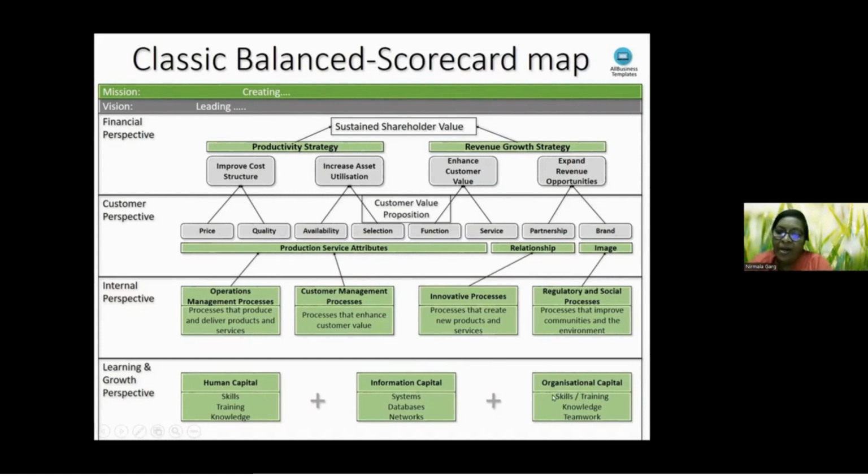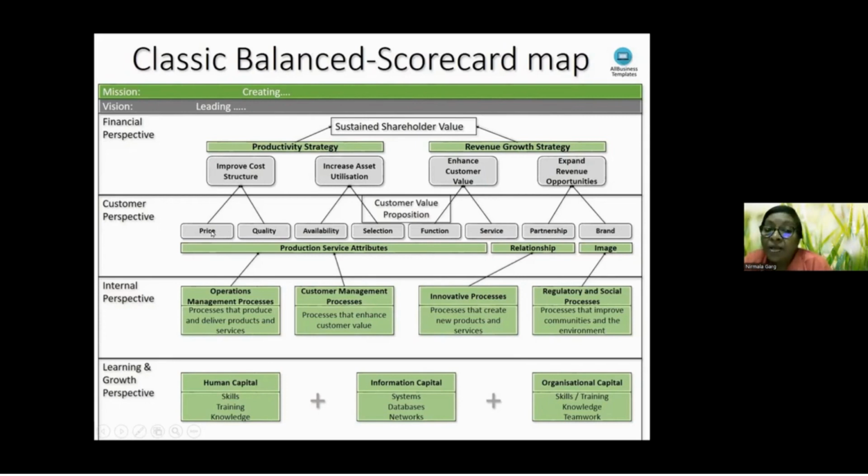Then we will look at the HR part. You have to think of a business, which could be a food business, a retail chain, or anything. But you have to decide on your customer value proposition. Is it operational excellence, product leadership, or customer intimacy? Based on that, what attributes do you want to give to the customer?